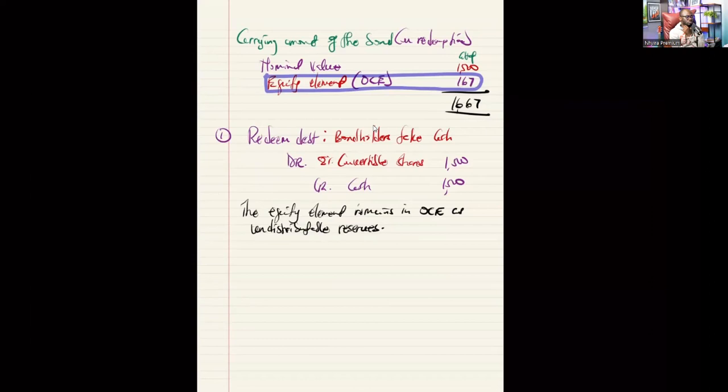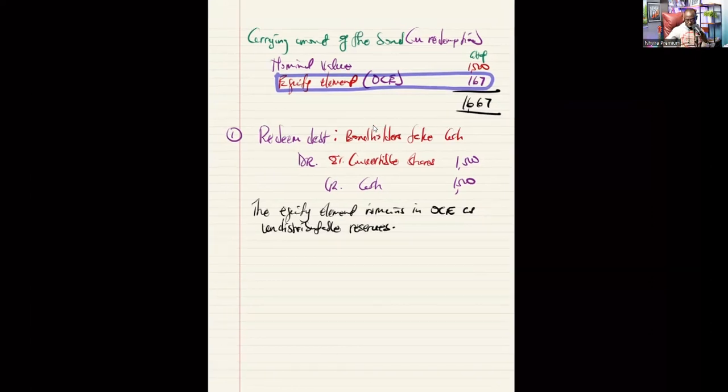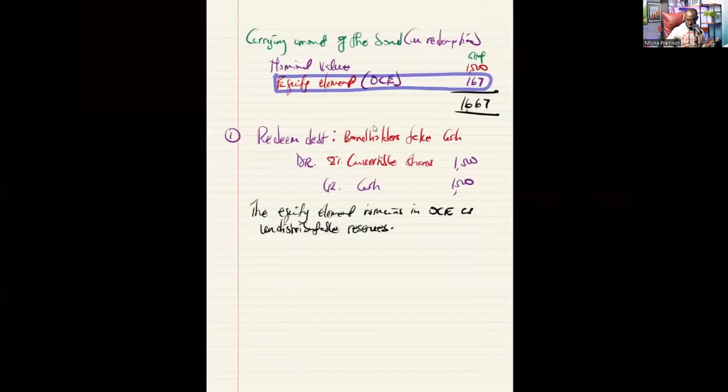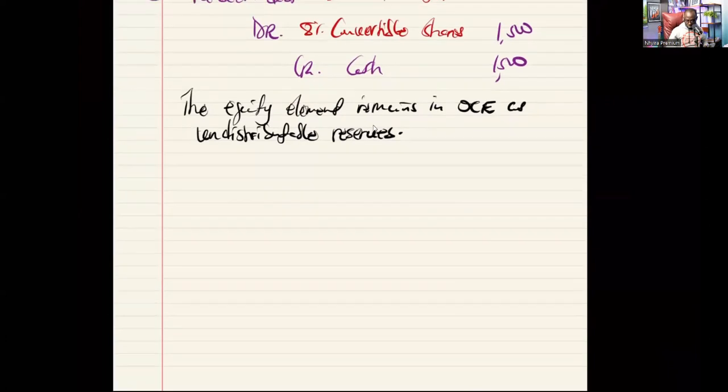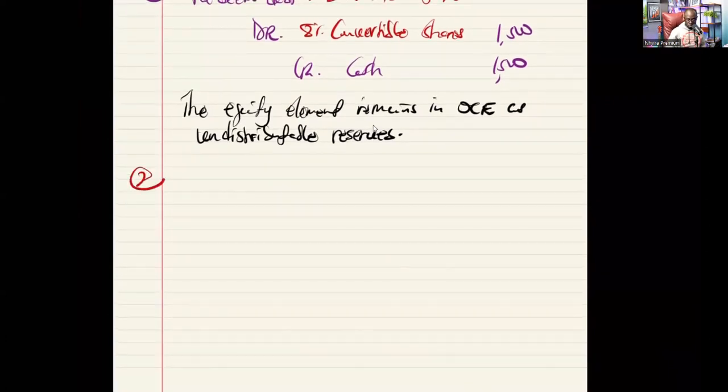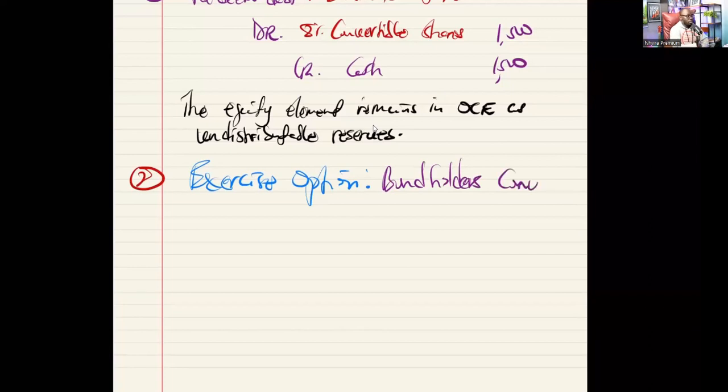Option two, let's say bondholders exercise their option. So option two, exercise the option, meaning bondholders convert.